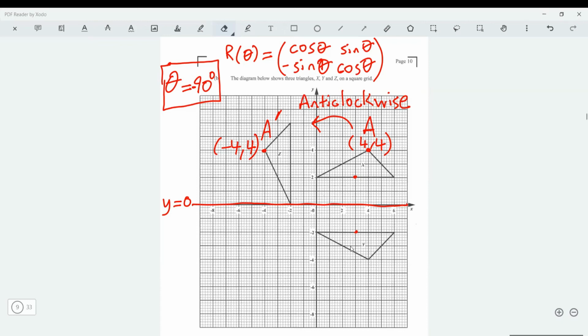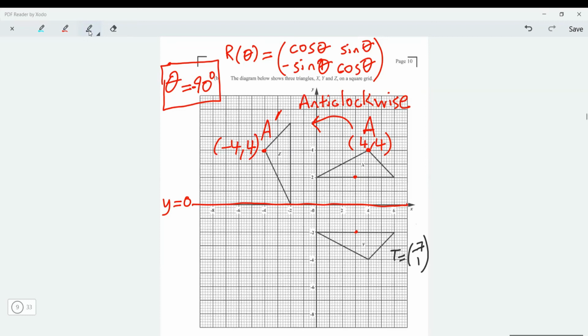So triangle Y, they tell us that this is then translated. Let's use black. Remember the translation vector T is equal to -7, 1. So what that means is we move the triangle 7 units to the left.